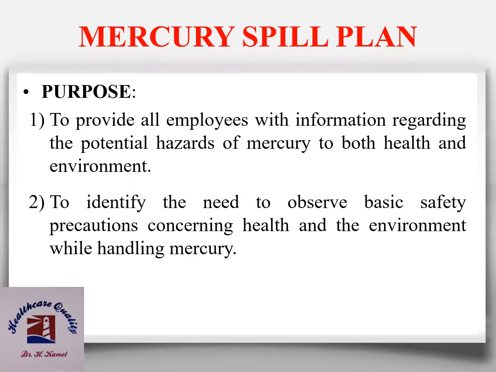Mercury Spill Plan. The purpose of this plan is to provide all employees with information regarding the potential hazards of mercury to both health and environment, and to identify the need to observe basic safety precautions while handling mercury.